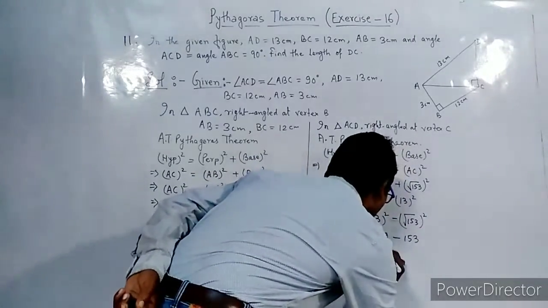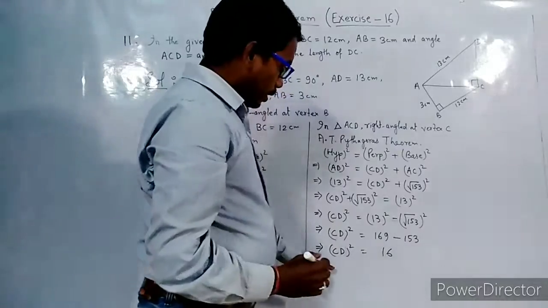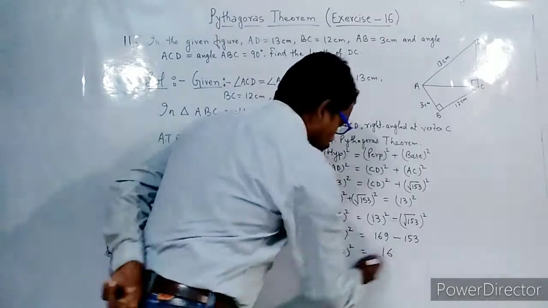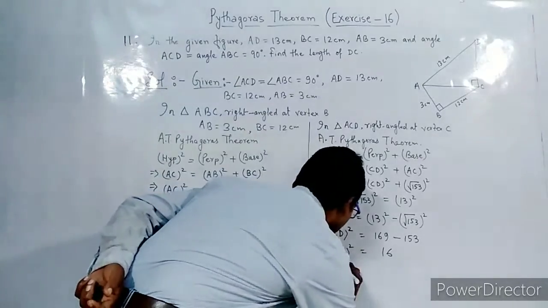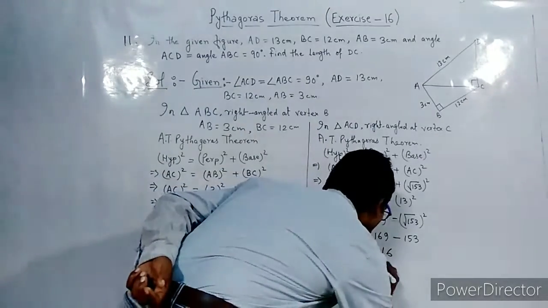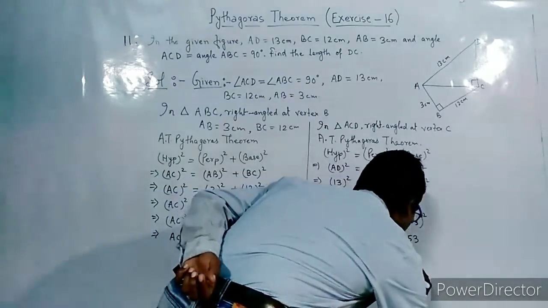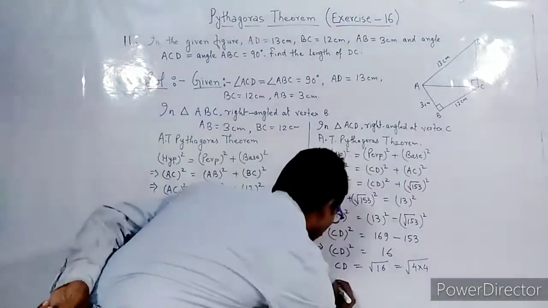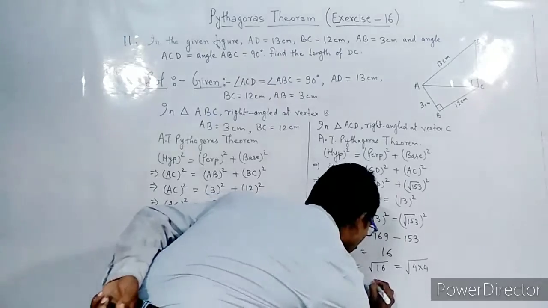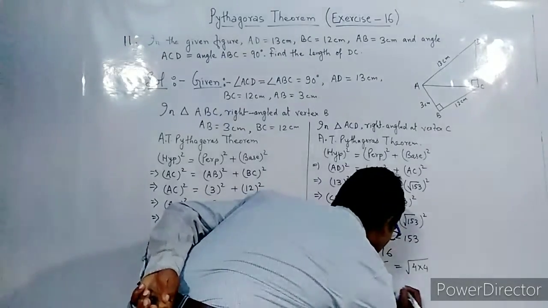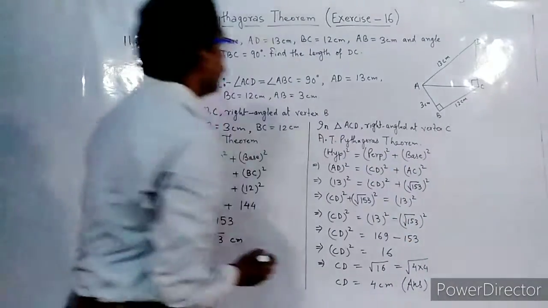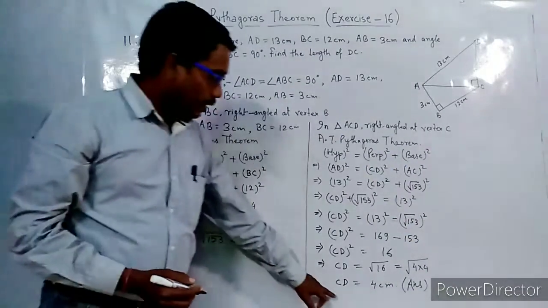So we get CD square equal to 16. Now we will square both sides. So it becomes CD equal to root 16, that is root 4 into 4. So CD equal to 4 centimeter. So this is the answer. So the length of DC or CD is 4 centimeter.